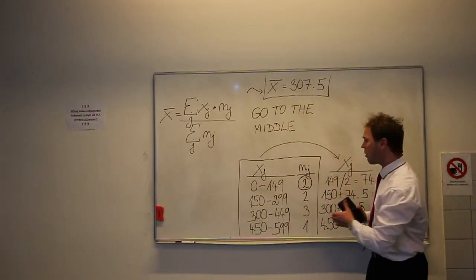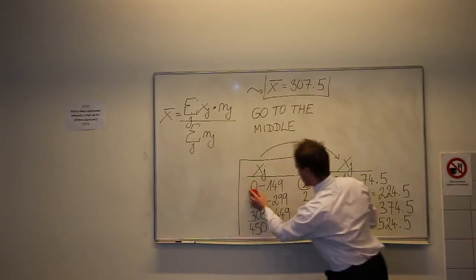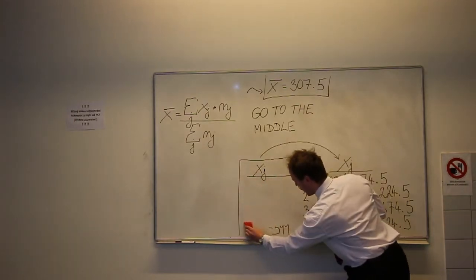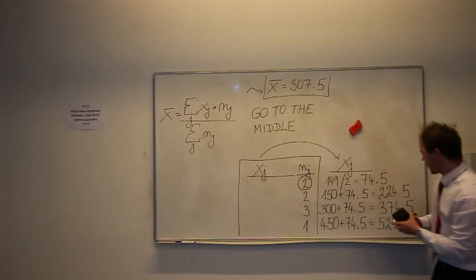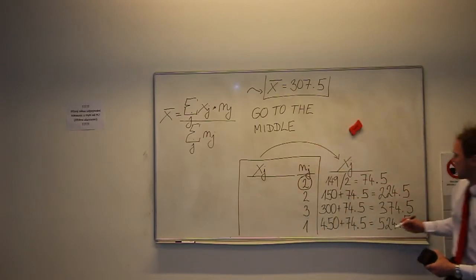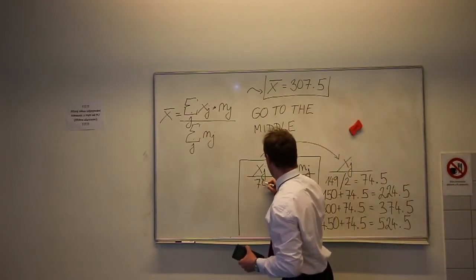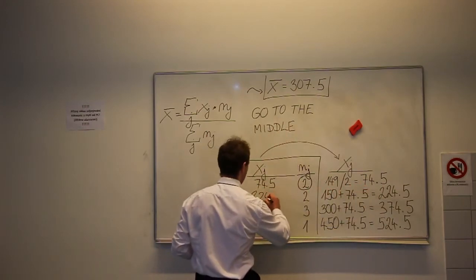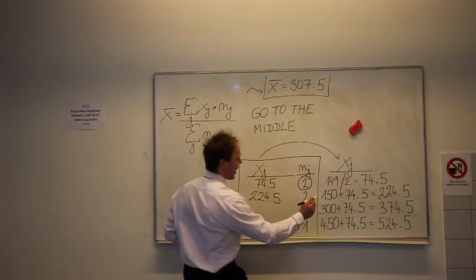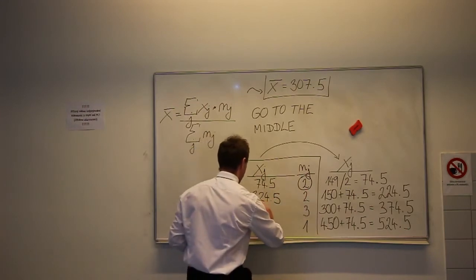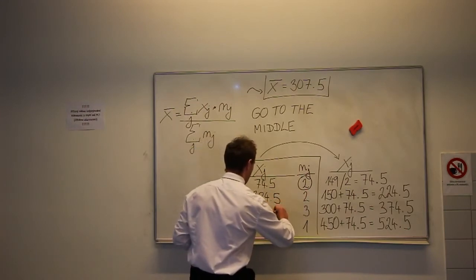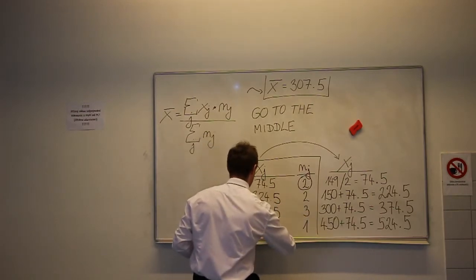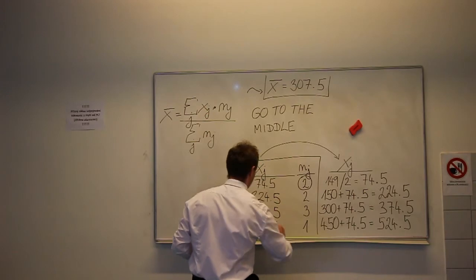So instead of this, we will use these middles, yes: 74.5, 224.5, 374.5, and 524.5.